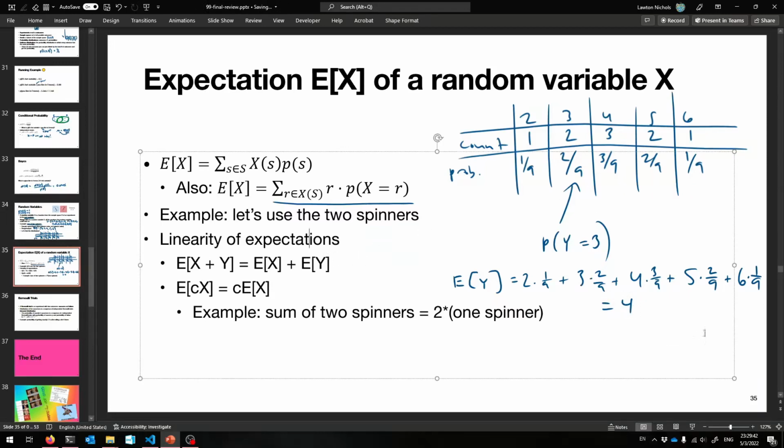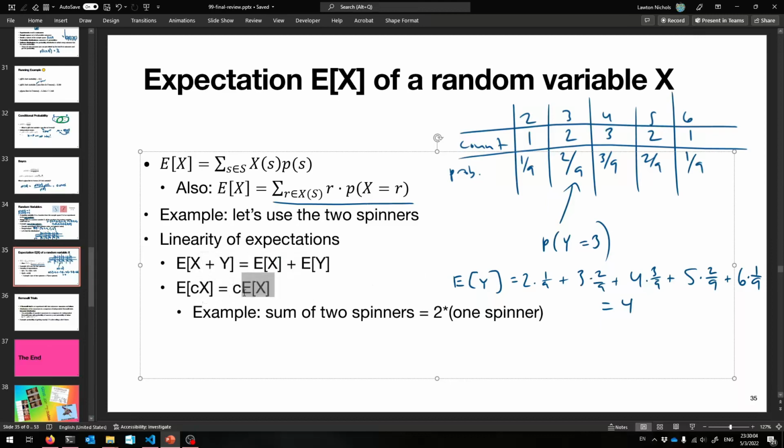You can also solve for this a bit easier if you take advantage of linearity of expectations. So for example, if you have 2 random variables, the expected value of their sum is the sum of the expected values of each of them. You can distribute the expectation. And also, if you have a constant c that you would like to multiply your random variable by, you can just bring that constant outwards.